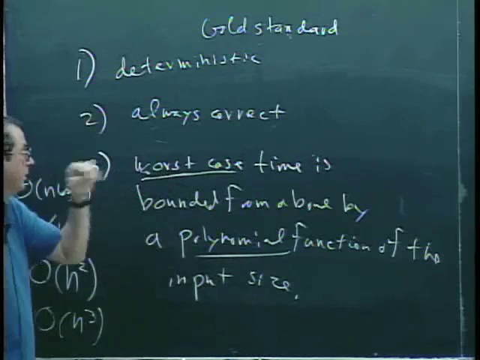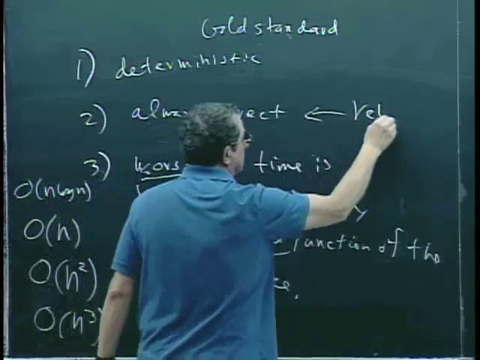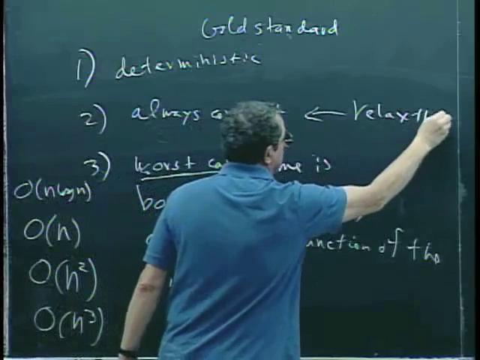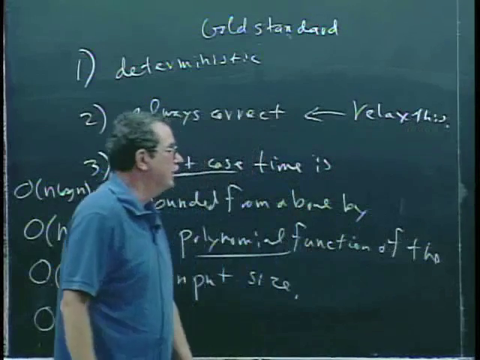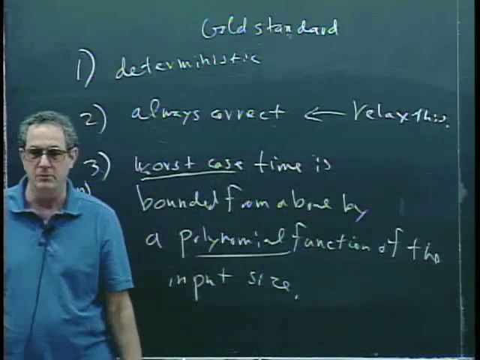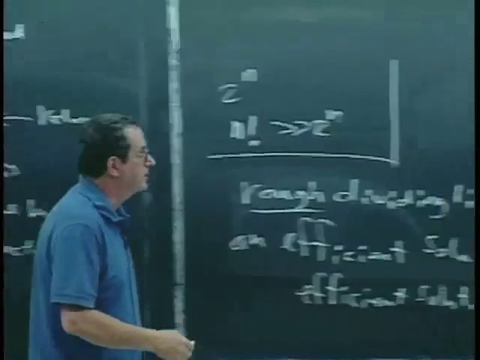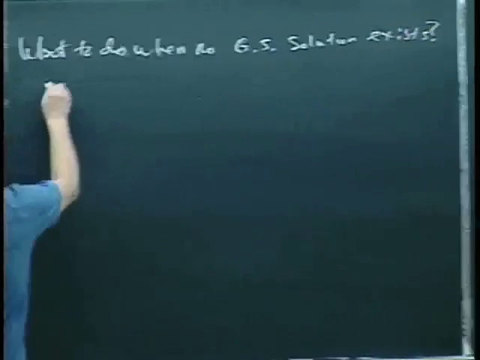So today we're going to talk about algorithms where we relax this. Algorithms which are not always correct, but we can say something about how incorrect they are. And that's what leads us to approximation algorithms.